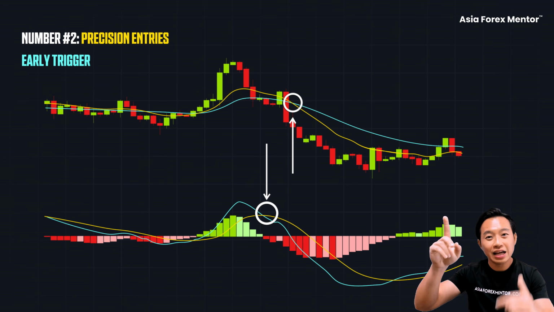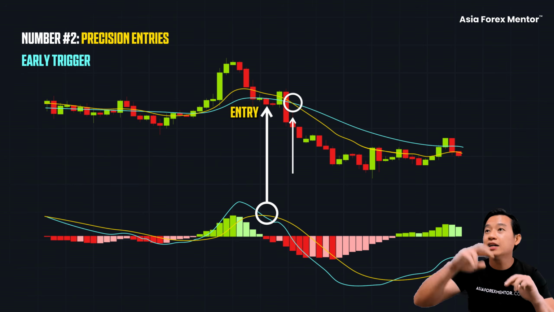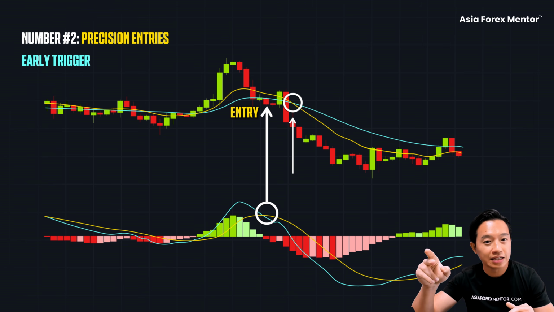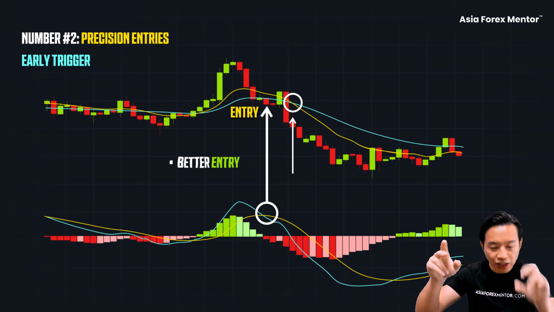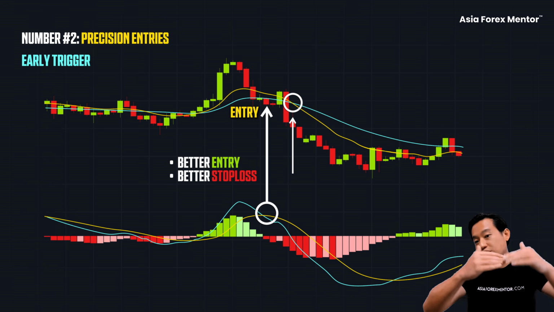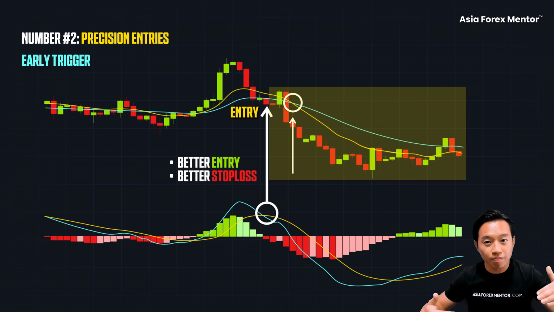Right, so this means what? If you enter on the MACD crossover, which usually happens earlier than the moving average on the chart, you can enter earlier. You can get a better entry, you can have a better stop loss, you can catch more of the room if it actually crosses over, right? And the move is real.